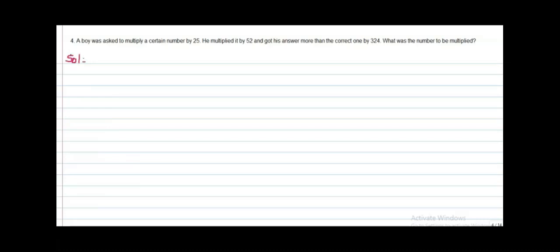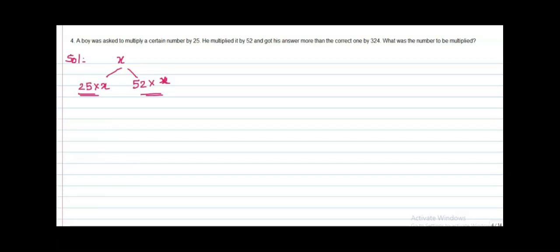He was supposed to multiply a certain number by 25. So let the number be x. It has to be initially multiplied, actually to be multiplied by 25. But he has multiplied it by 52. So this is the actual, correct one, and this is the error one. Okay. Now the difference is given to be 324.